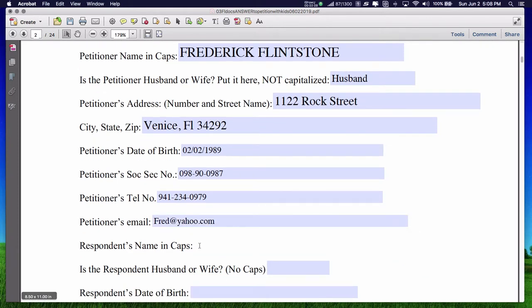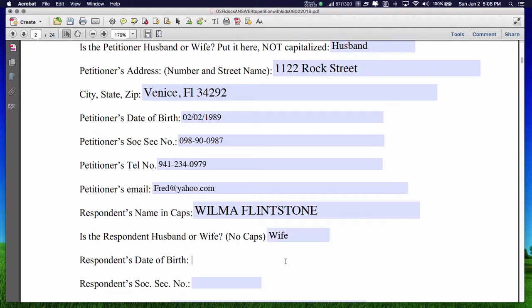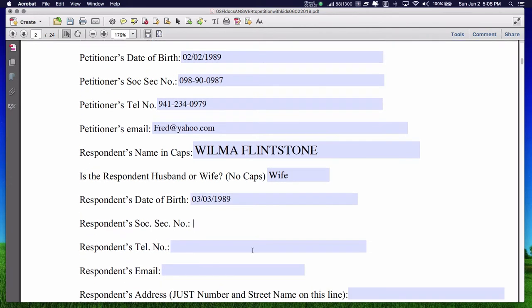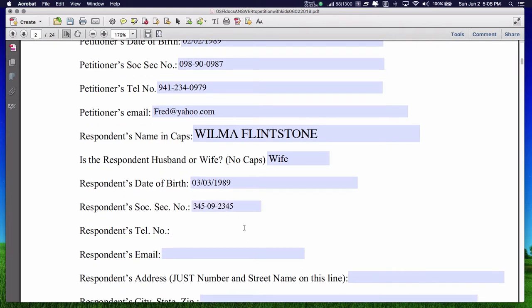And respondent's name in caps, that would be you. In this case, the respondent is Wilma. She's the wife. Put your date of birth here. And your social security number. Your telephone number.